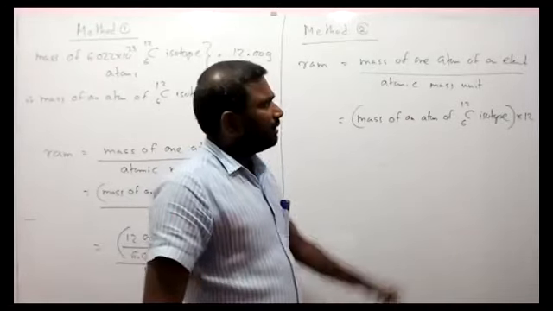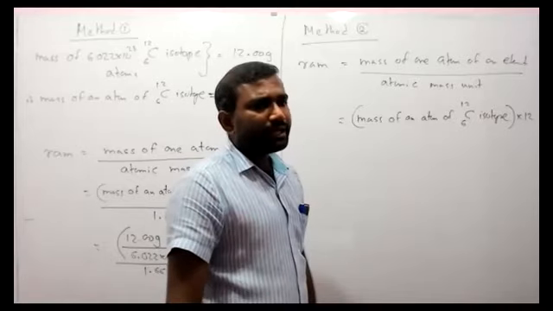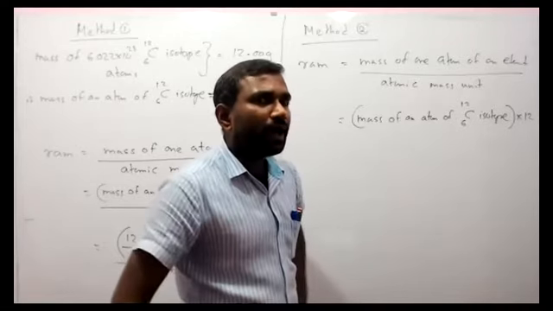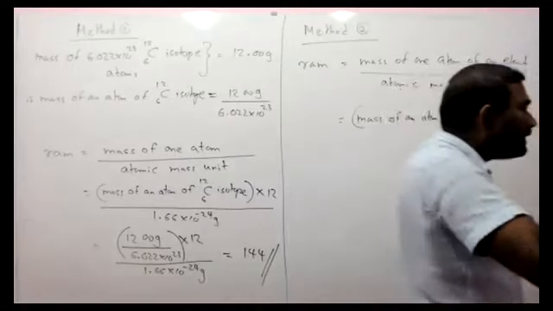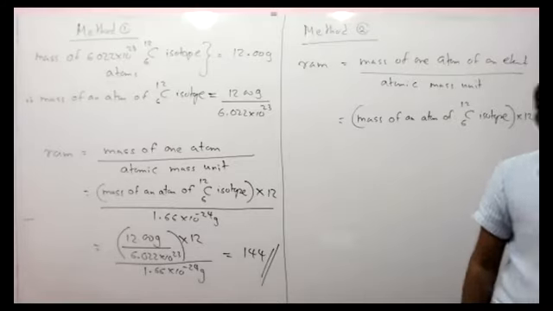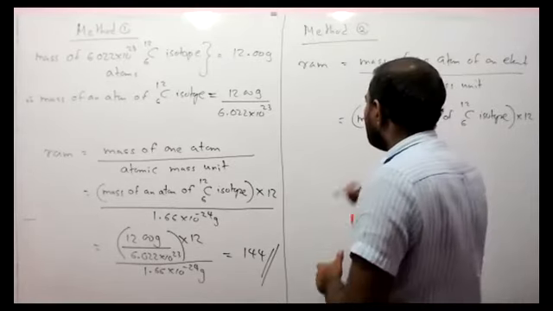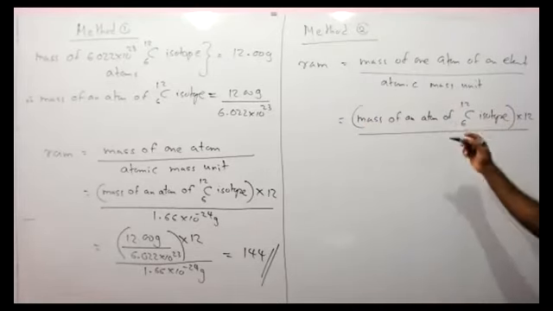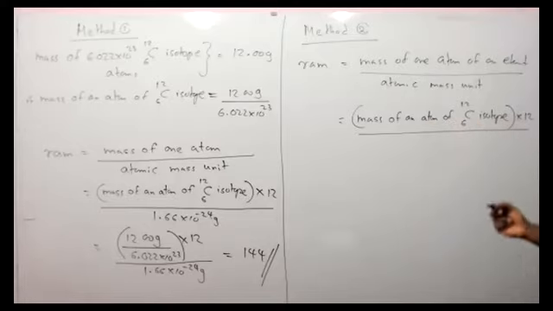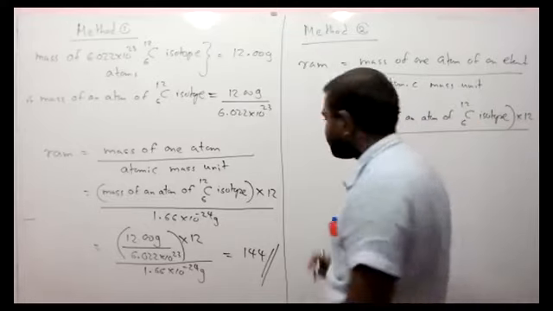I know that the atomic mass unit also can be taken in terms of the mass of an atom of carbon-12 isotope. If you are concentrating on the lesson now, you will remember, I can take the atomic mass unit also in terms of the mass of an atom of carbon-12 isotope. What is it?